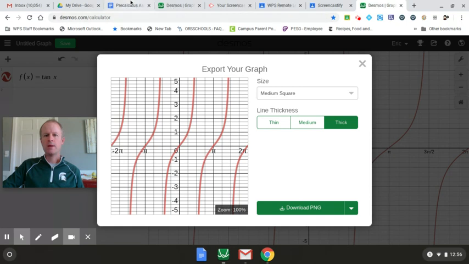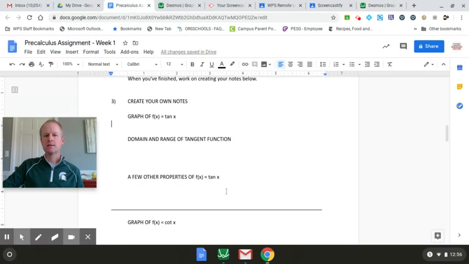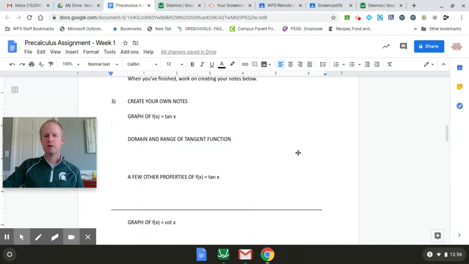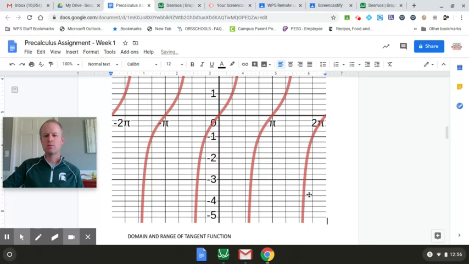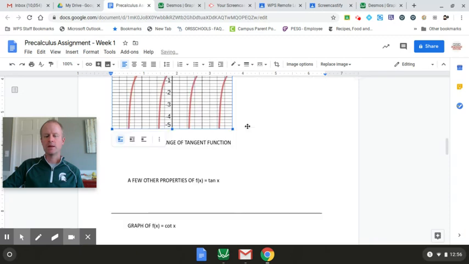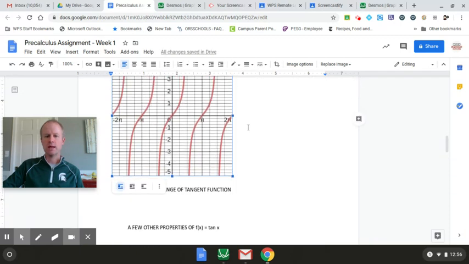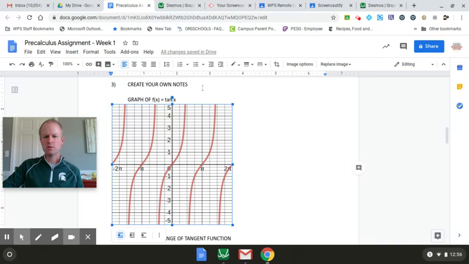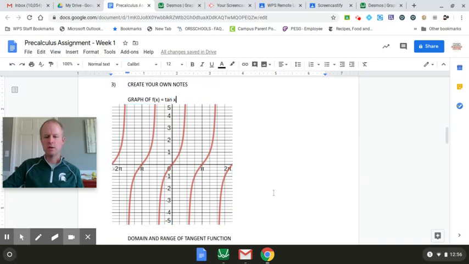Now I'm going to go back to the assignment, and in my assignment, I'm going to right click, and I'm going to paste that graph in my notes. So it's much larger than we really want it in the notes. So I'm going to shrink it down quite a bit. Then one of the things that you want to think about as you create these graphs are what is the domain and what is the range of the graph.